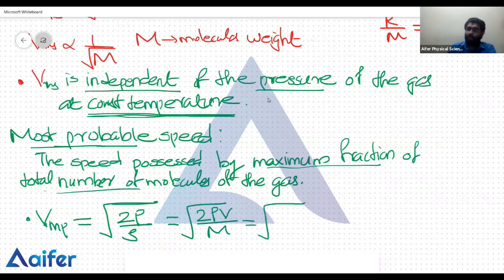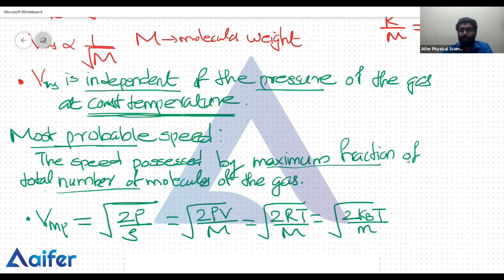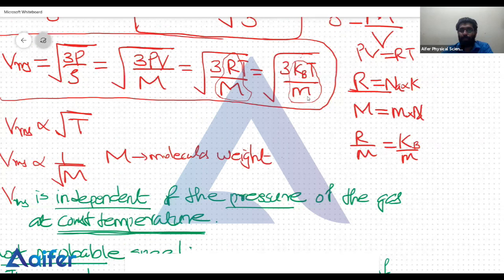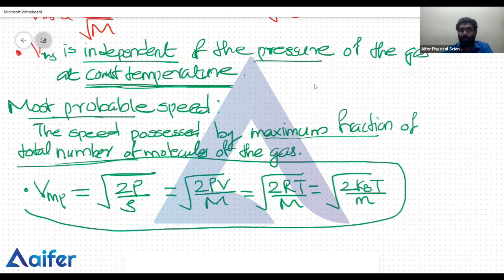For 1 mole of gas, PV equals RT, so it is root of 2RT by M. In terms of the Boltzmann constant, it is root of 2kBT by m. I hope this is clear because we have already discussed this. I'm just taking the analogy and moving forward. This is the expression for most probable speed.